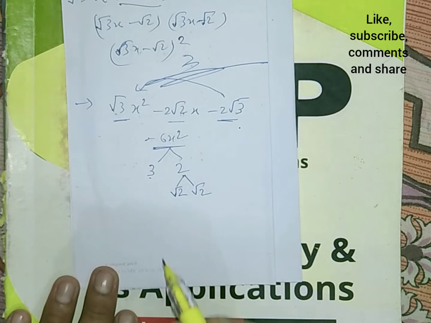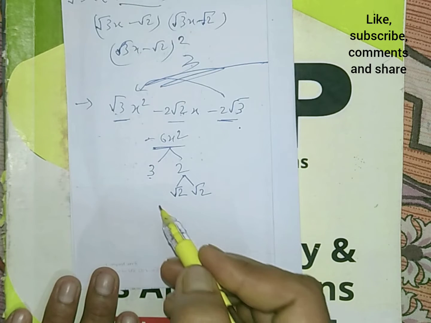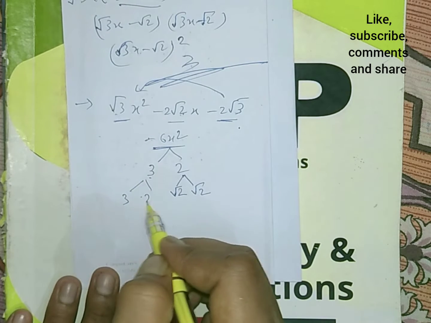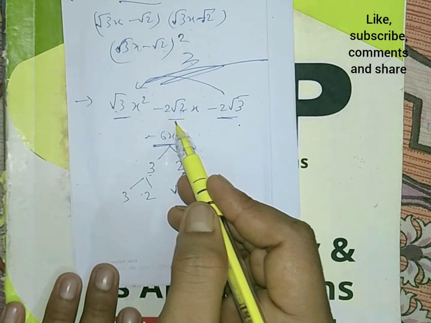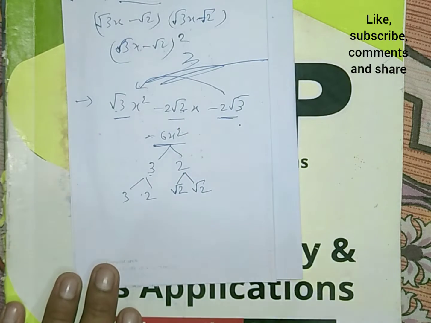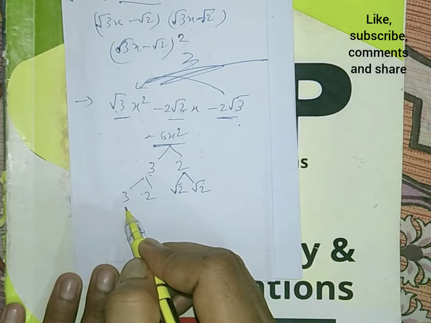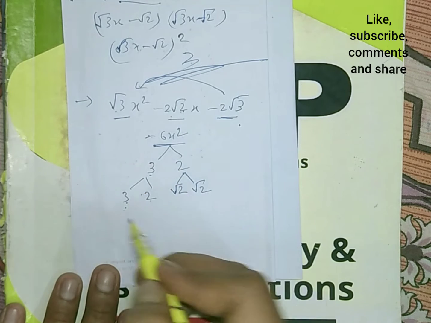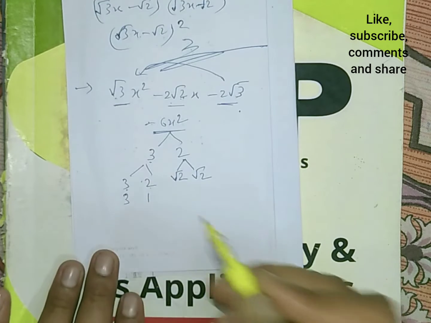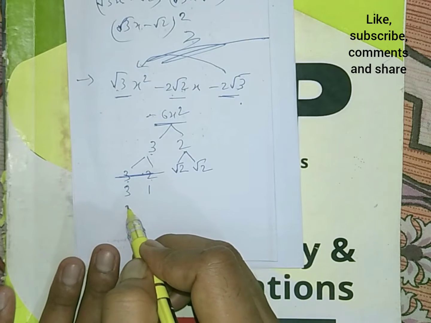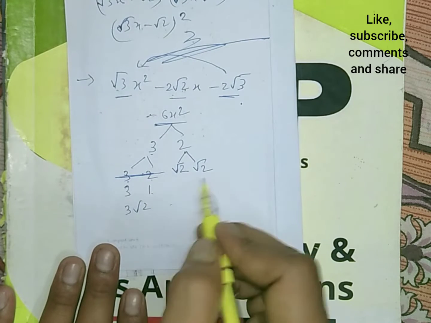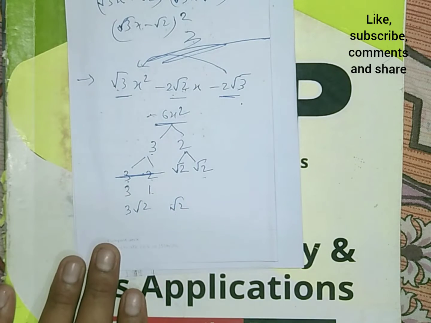Now break out this 3 in the format of 3 into 2, and we need here 2. So this is not possible to get here 2. So we have to write here 3 into 1 also. Chalo, stop this and write here 3 root 2 and 1 root 2. That means only you can write here root 2.